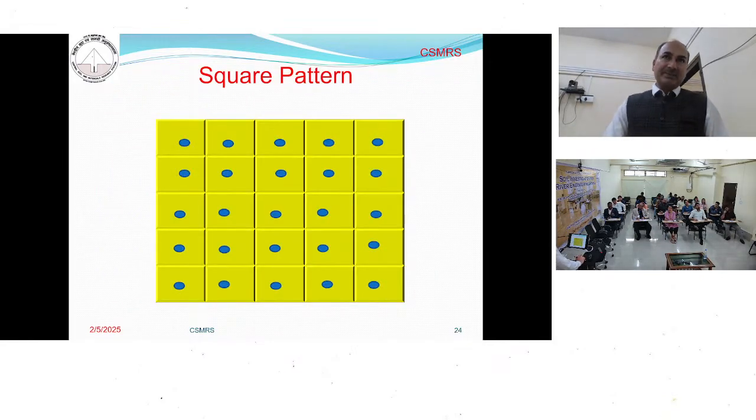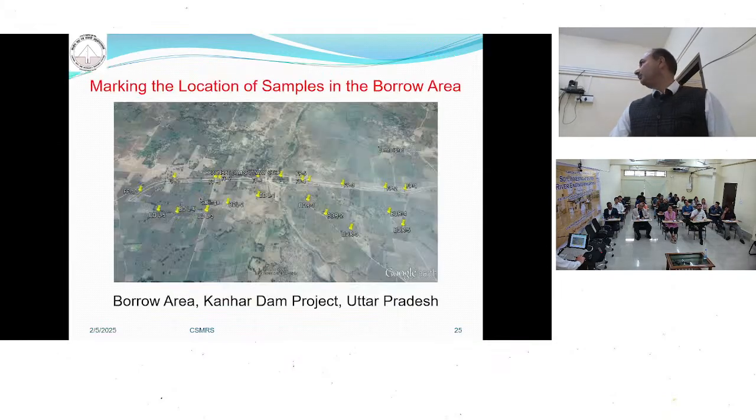Either it could be a square pattern. This is the real picture of a dam, where the borrow area is the reservoir area. Samples were collected along the dam axis, and the yellow marking is on the locations from where they were collected.